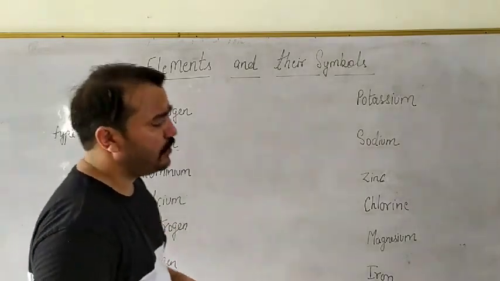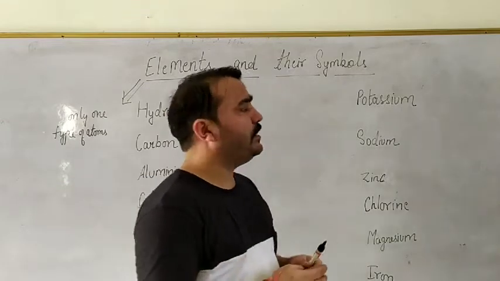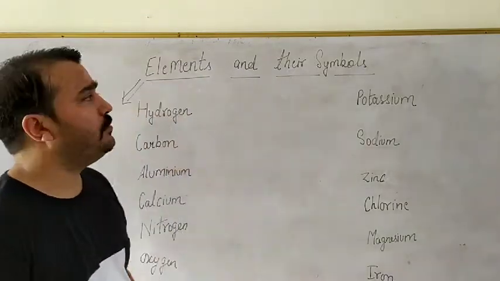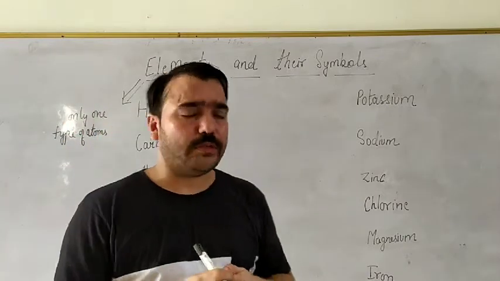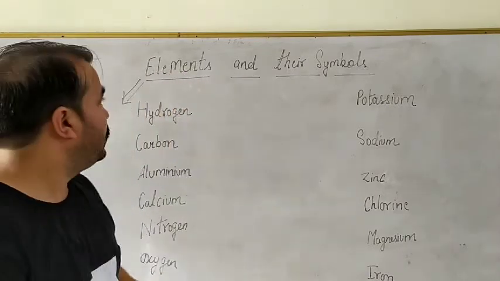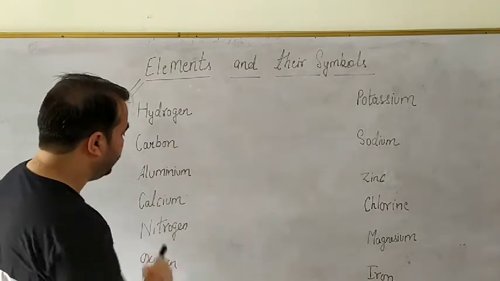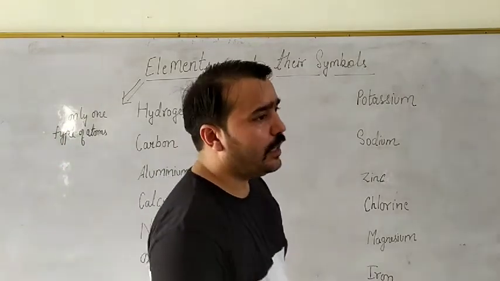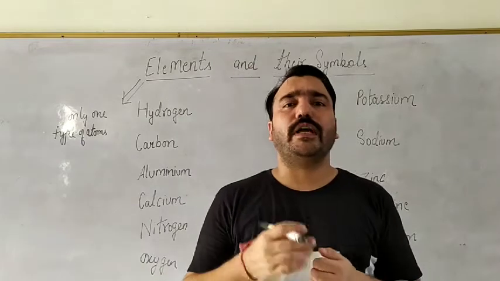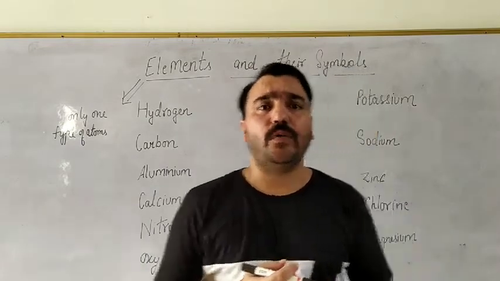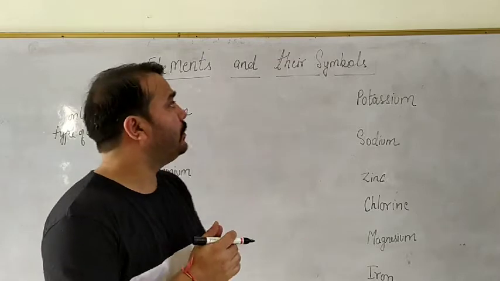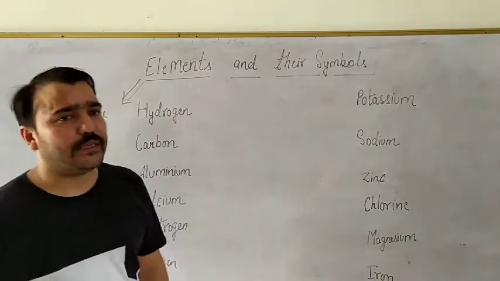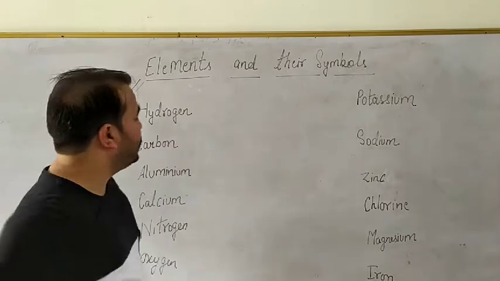Now there are more than 100 elements in nature. They are found in different forms. Sometimes they are found in the form of compounds, sometimes they are found simply as their atoms. But before understanding what things are made up of, how chemical reactions occur, how different chemical substances are formed, we need to understand some basics of chemistry.